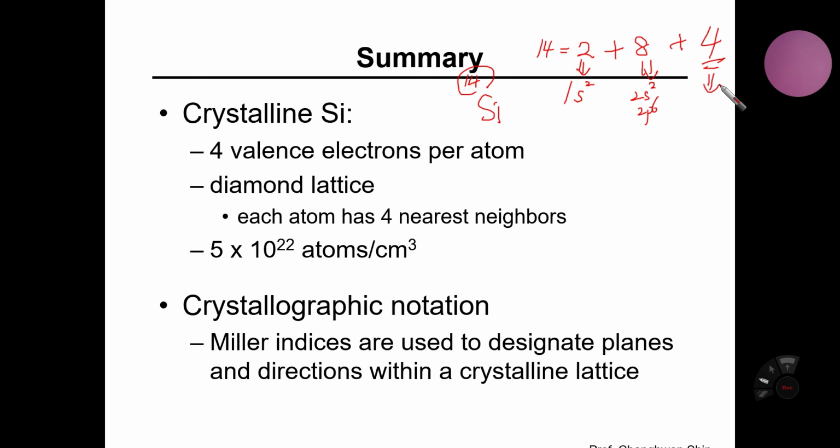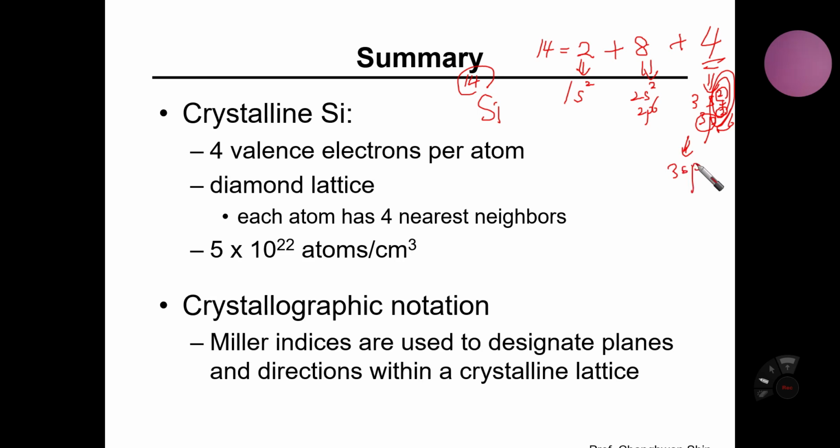Those four outermost electrons are in the 3s and 3p orbits. In 3s, 2 electrons, and in 3p, 2 electrons are filled in. Definitely up to 6 electrons can fill the 3p, but the number of electrons left is 2. So these four electrons are now in the hybridized 3sp orbit.